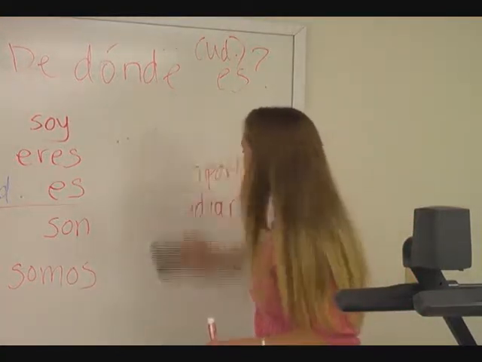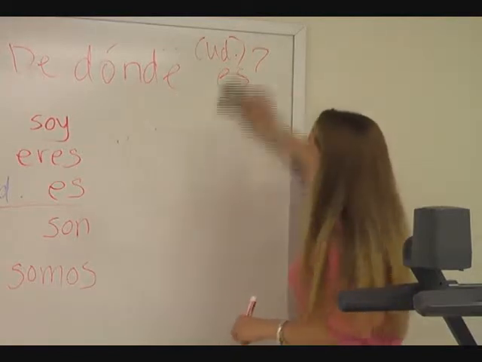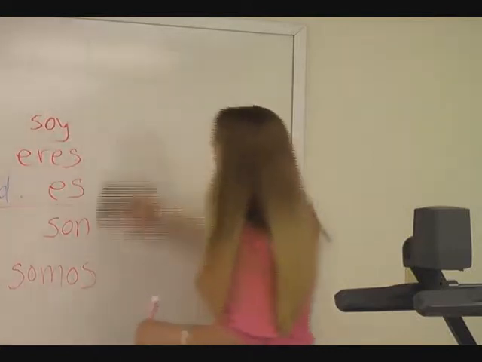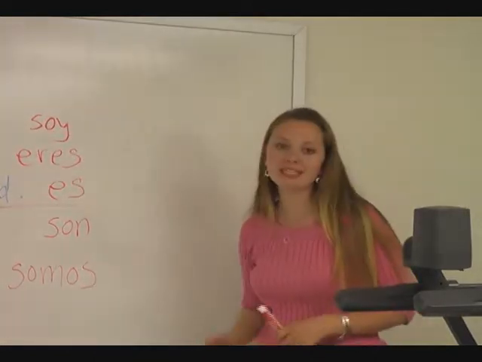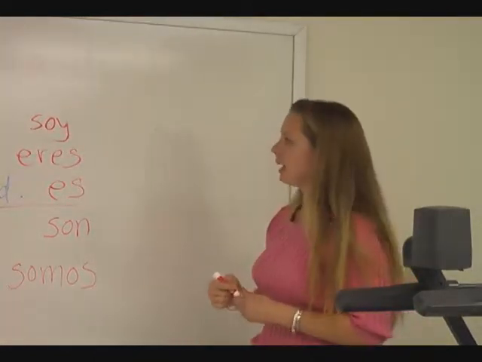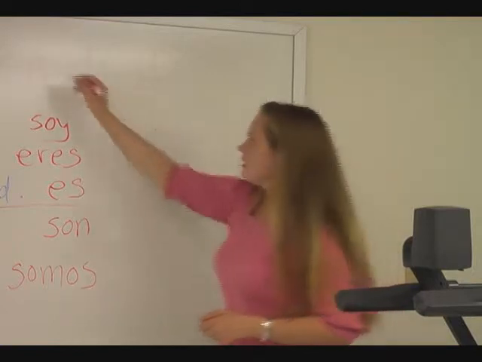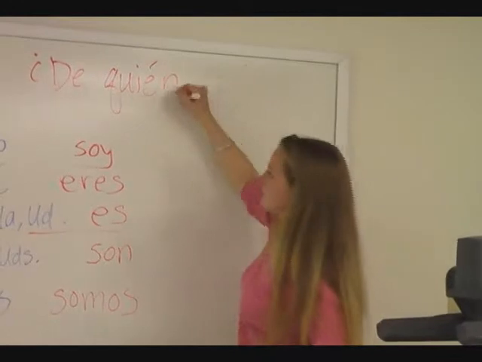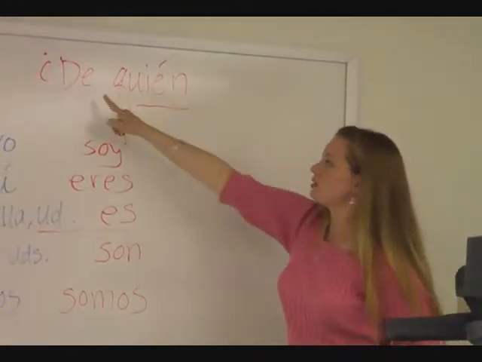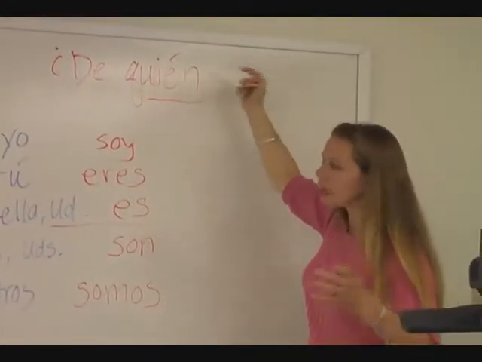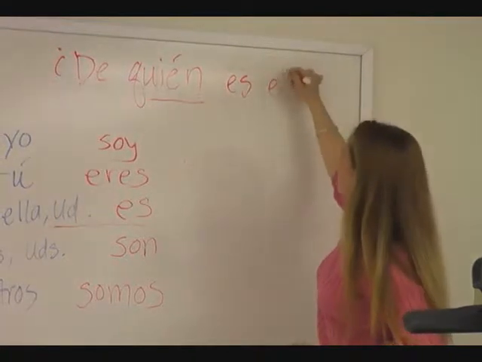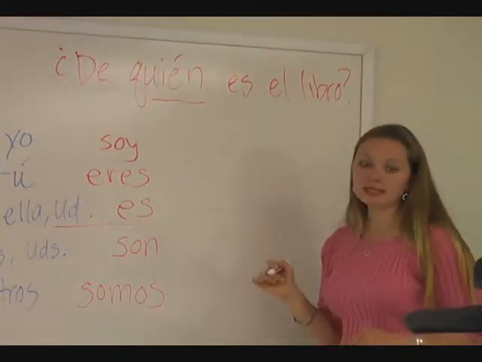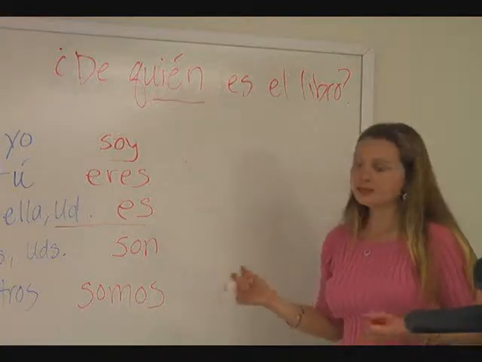Ahora también usamos de otra vez. We also use the preposition de and a form of the verb ser to describe possession, posesión, possession. Por ejemplo, ¿de quién, this is another interrogative word, it means who, of whom, es el libro? What I'm asking is, whose book is that?